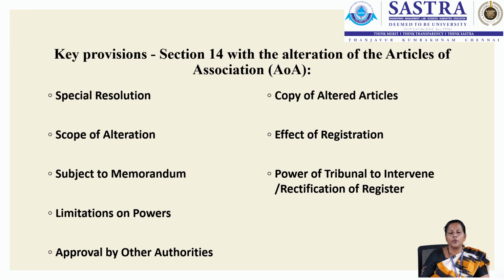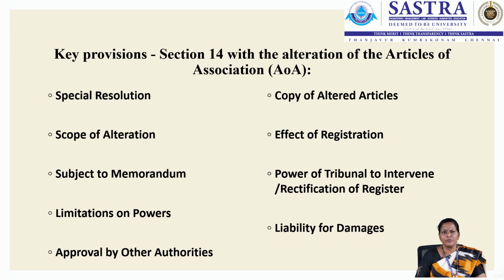Similarly, even the Registrar of Companies, when he or she vets the changes, if they feel that it is against the provisions of the law in force, will ask the company to make the necessary amendments in the changed articles of association, which the company has to do. Such a rectification, once it has been done, should be approved by the Registrar of Companies, and this rectification should be shown in the register at the Registrar of Companies.